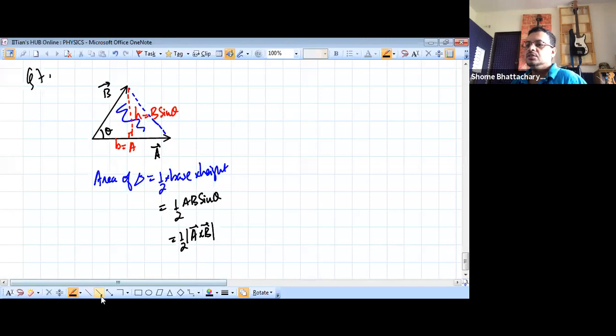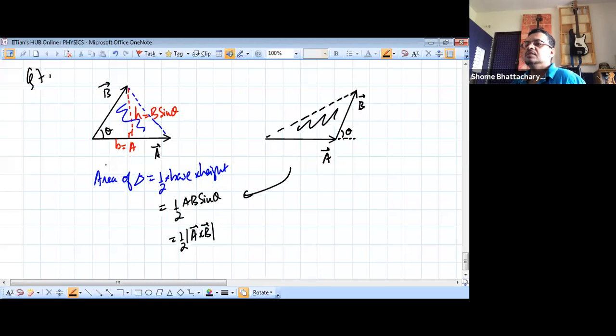In fact, whether you're talking about this triangle or the sum of vectors triangle, it is the same thing. If you have a triangle formed like this, with the angle between them, that also has the same area.